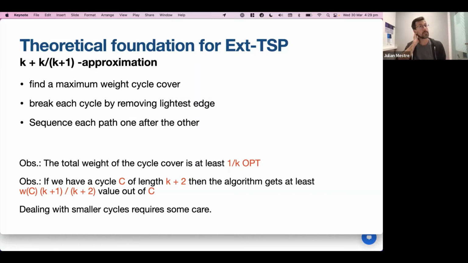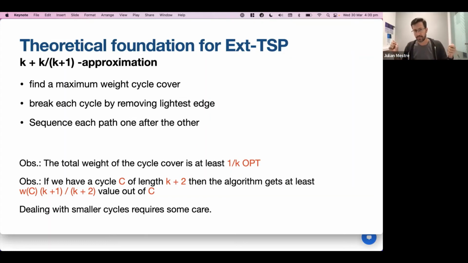This is a subgraph where all the nodes have degree at most 2. It's a collection of cycles in your graph, and you can find this optimally using matching algorithms. Then what you do is you look at these cycles and you break each of the cycles by removing the lightest edge.